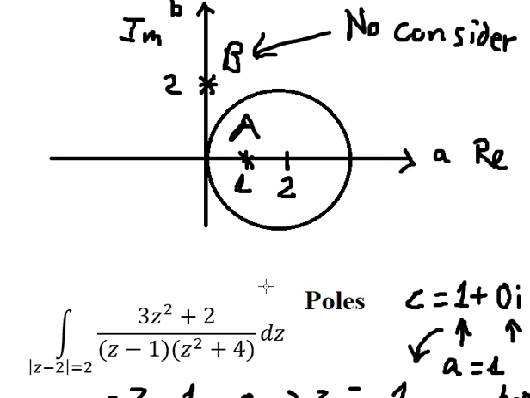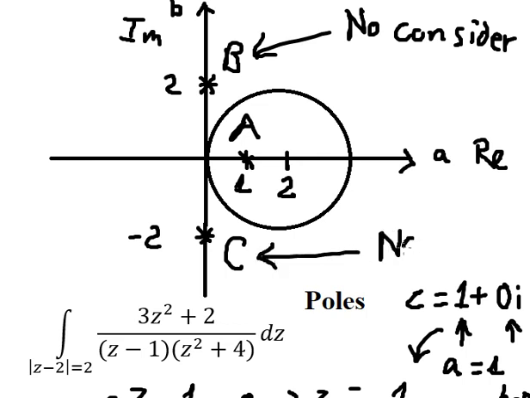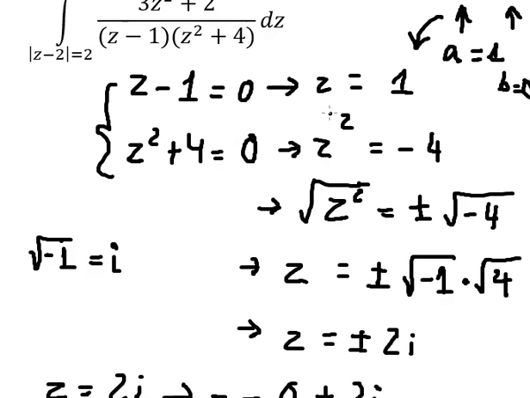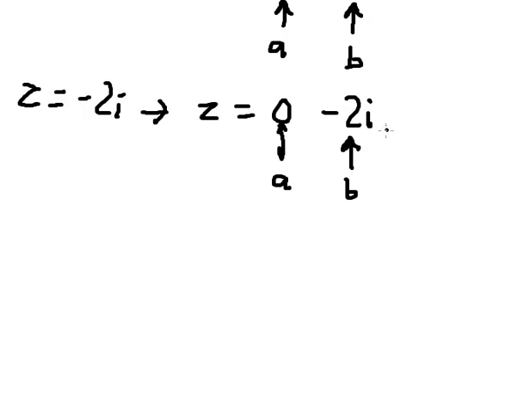The point here, with a equals 0 and b equals negative 2, is point C. We see that point C is outside the circle, so we cannot consider this location. And now we have only point A, which is z equals 1.